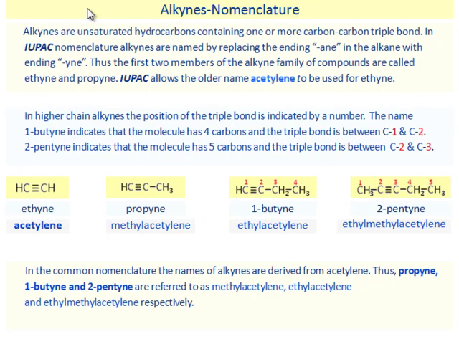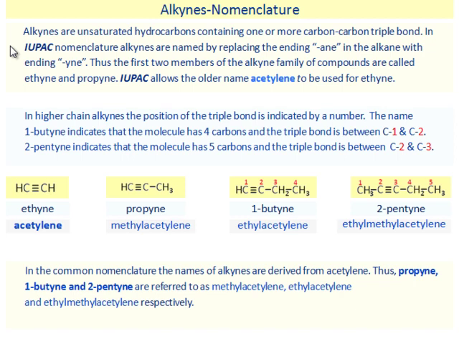Alkynes nomenclature. Alkynes are unsaturated hydrocarbons containing one or more carbon-carbon triple bond. In IUPAC nomenclature, alkynes are named by replacing the ending "ane" in the alkane with the ending "yne".